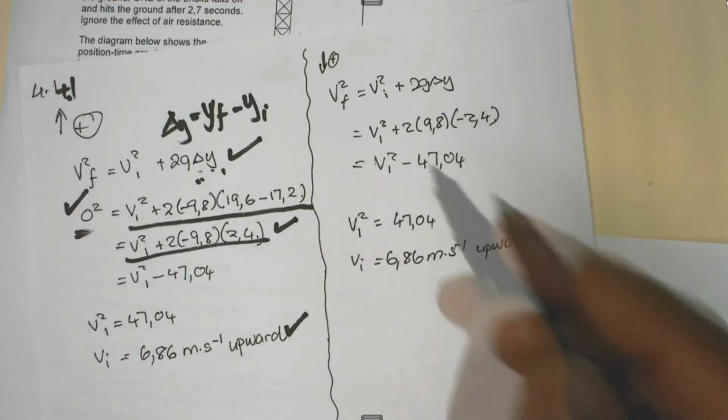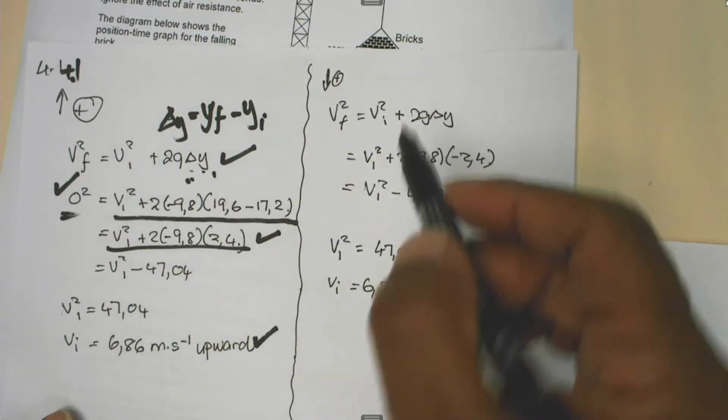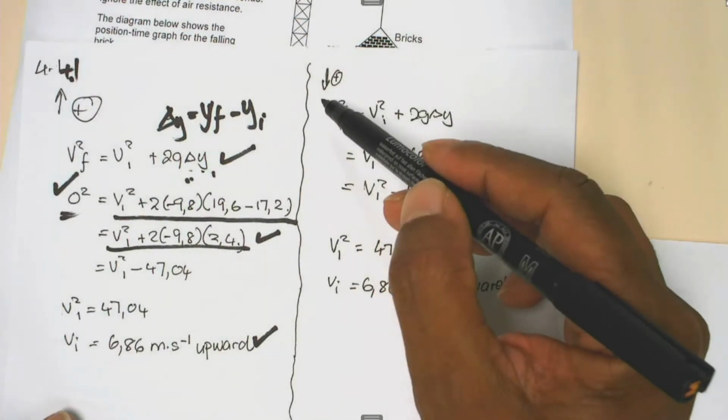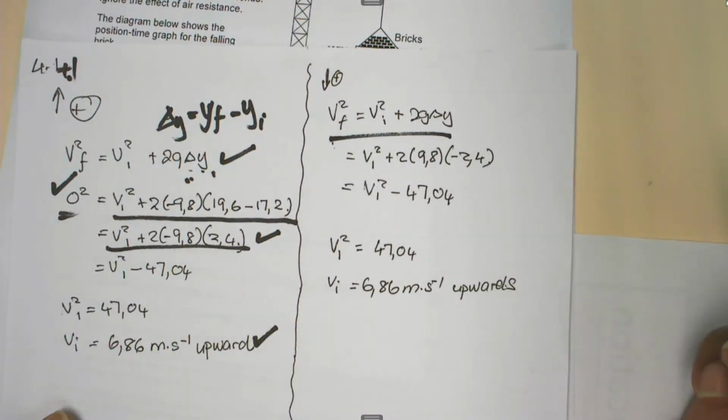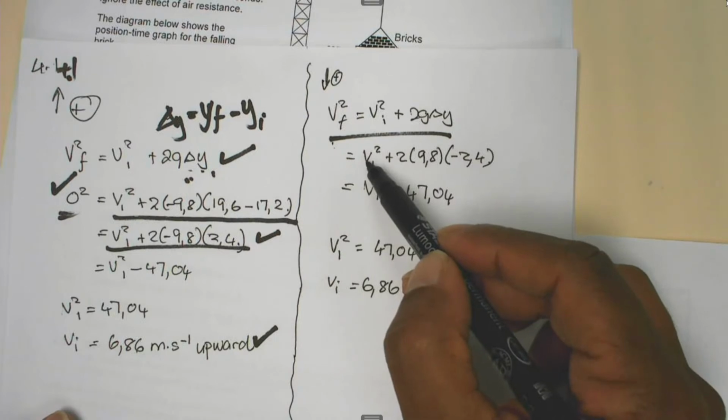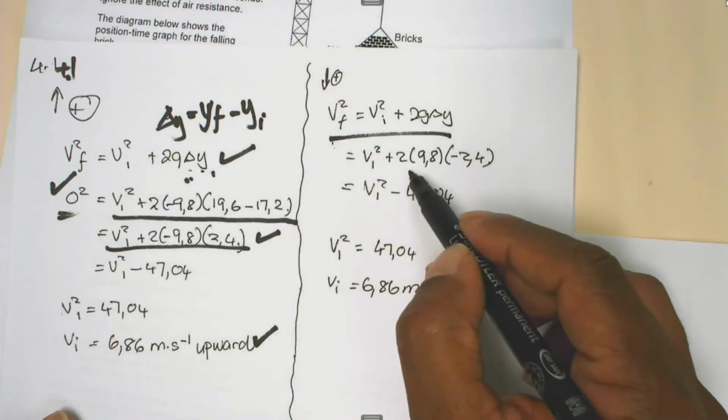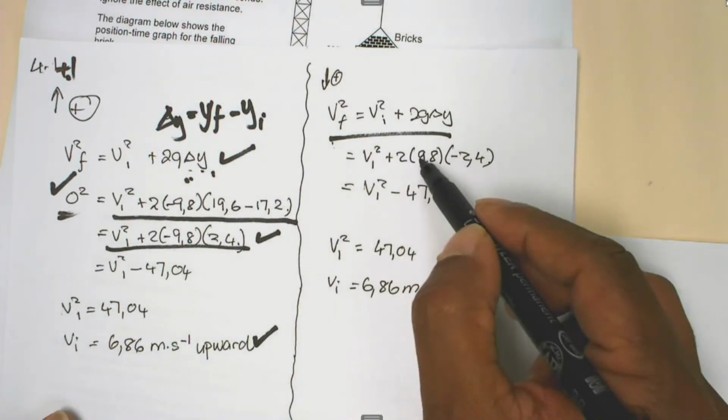Okay, now if you go for down being positive, let's check down, it is positive. It is the same formula, no problem with that. V initial is what we don't know, and then we have 2. Now g is going down, right?